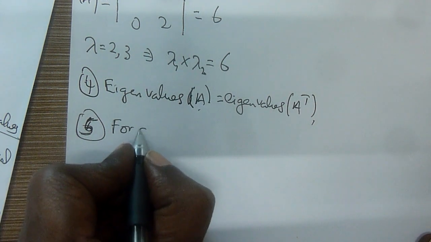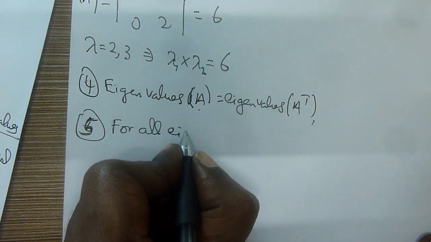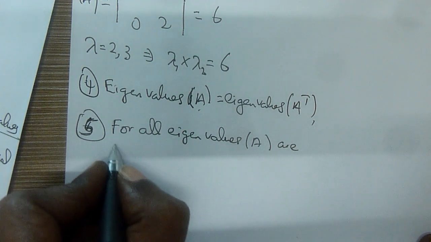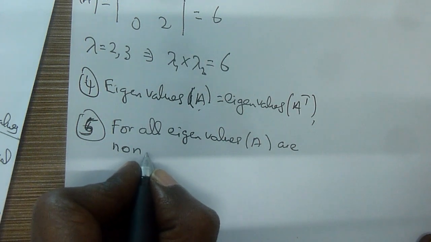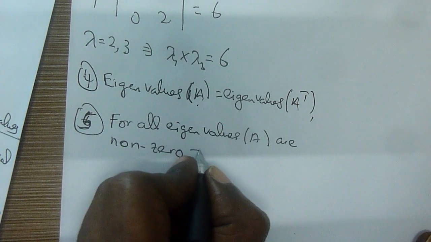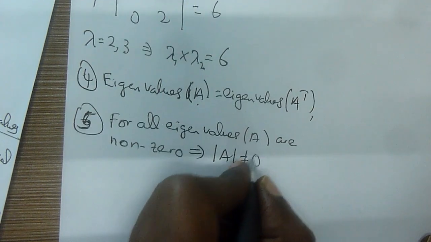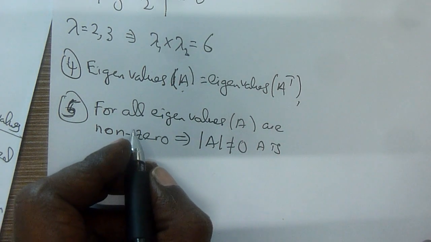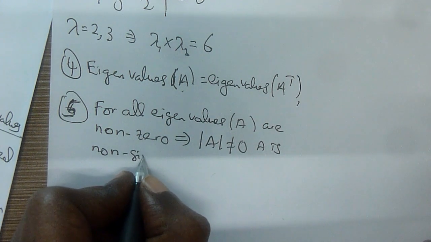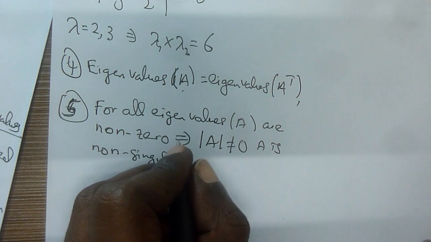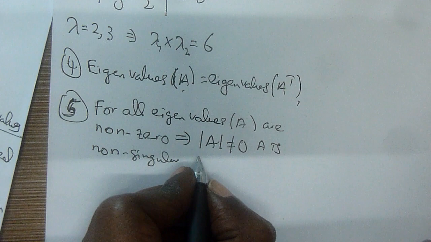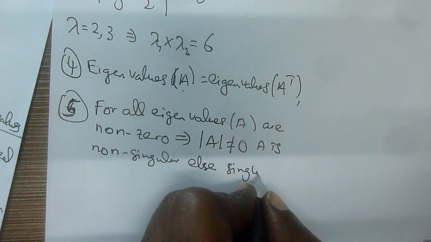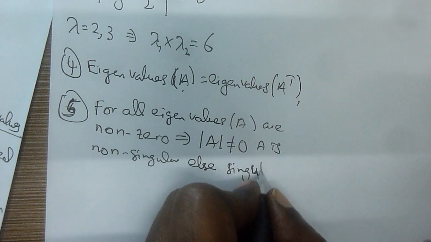For all eigenvalues of A non-zero, and if I take the determinant it is not 0, that means A is not singular, it is non-singular, else it is singular.